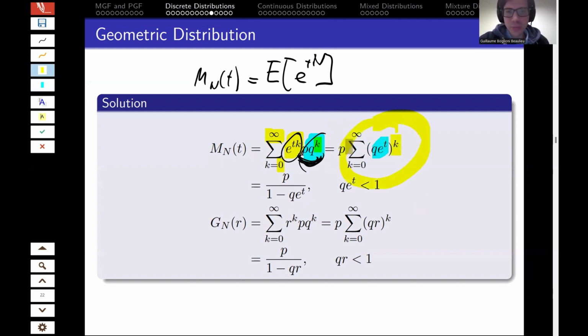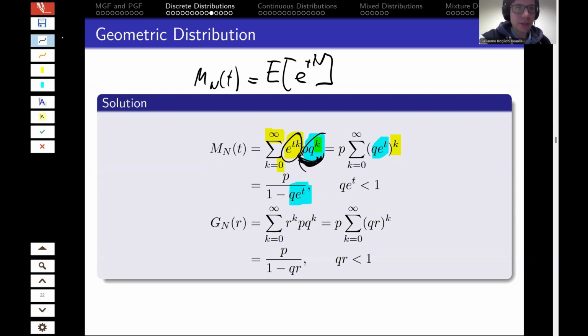And then look at this sum. It's an infinite geometric sum. So wonderful, you know very well how to compute this since probably high school. Now, if the ratio in the geometric progression is smaller than 1, this simplifies nicely to just 1 over 1 minus the ratio.